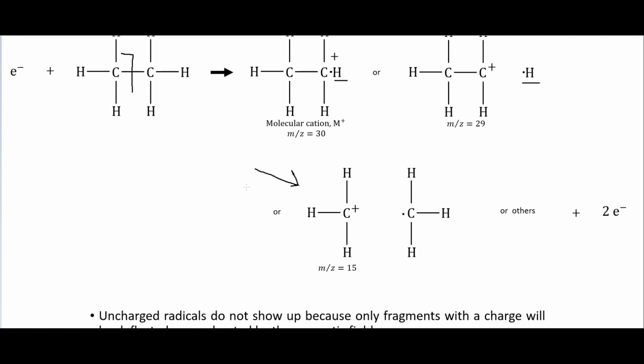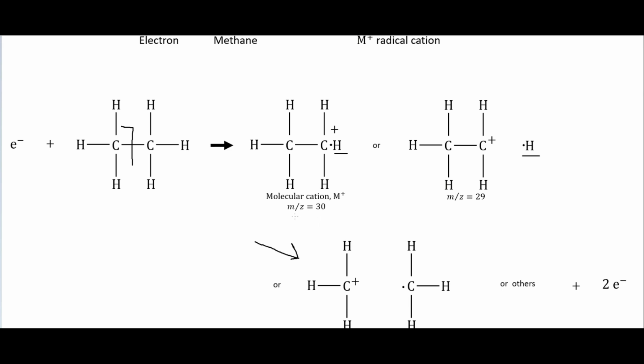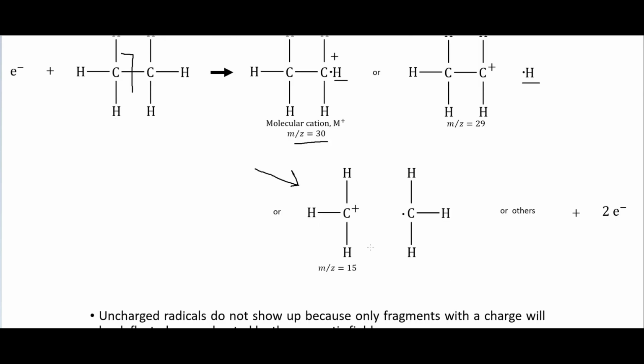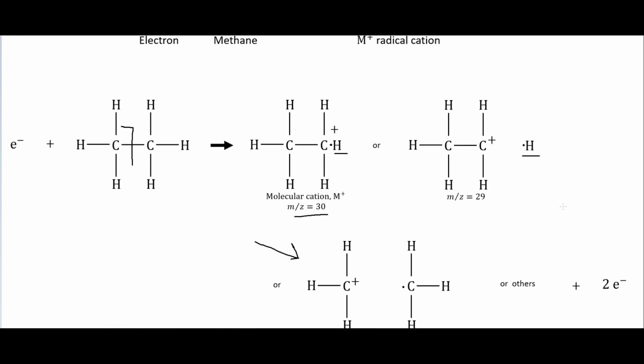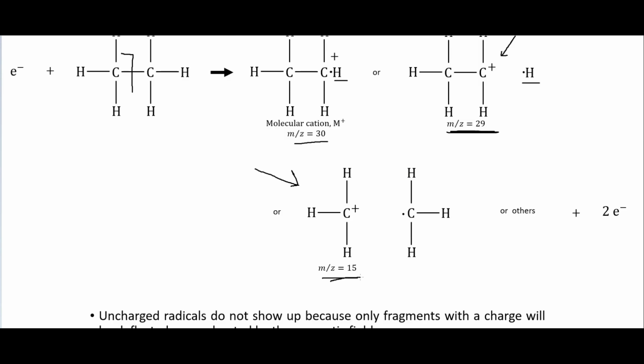So now this thing that had an m over z of 30 is going to be split, and now we have an m over z of 15 right here, which is our methyl carbocation. But we'll also see this right here. And in fact, this will probably be even more abundant because this is now a primary carbocation rather than a methyl carbocation. And so those are the types of fragmentation that we will get.